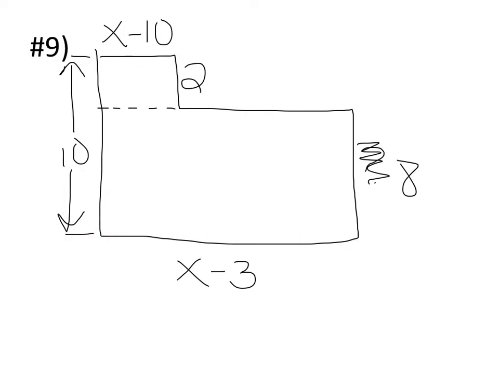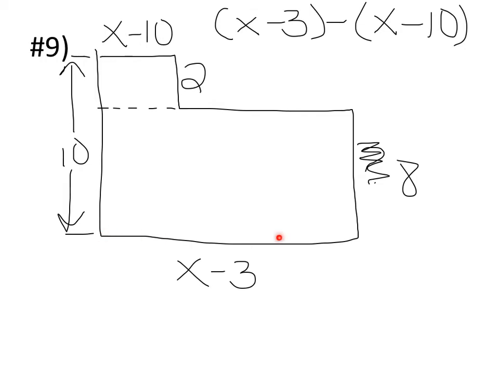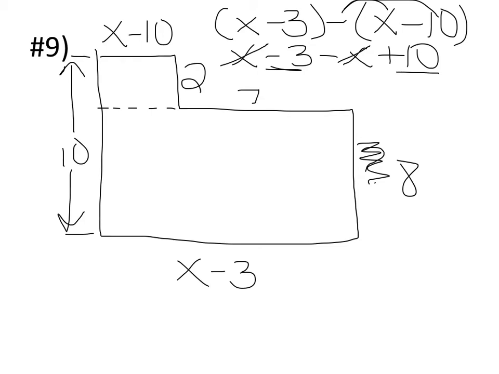So this is x minus 3 minus x minus 10. Again, x minus 3 minus x minus 10 to get this piece. Now see how important my parentheses are here, because I'm going to distribute this negative. So you get x minus 3 minus x plus 10. x minus x cancel. Negative 3 plus 10 is 7. So that's how I got 7 for that piece.